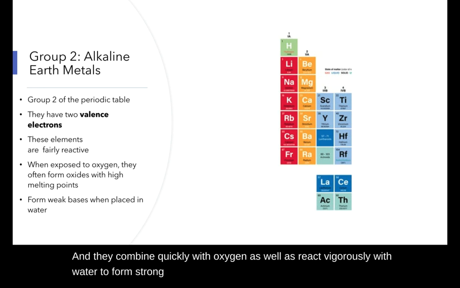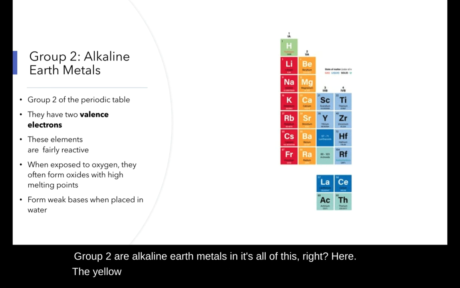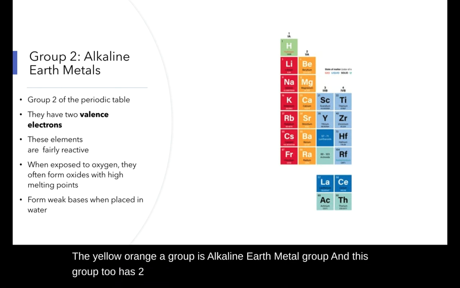Group 2 are alkaline earth metals, and it's all of this right here. The yellow-orange group is an alkaline earth metal group, and this group 2 has 2 valence electrons throughout the group.